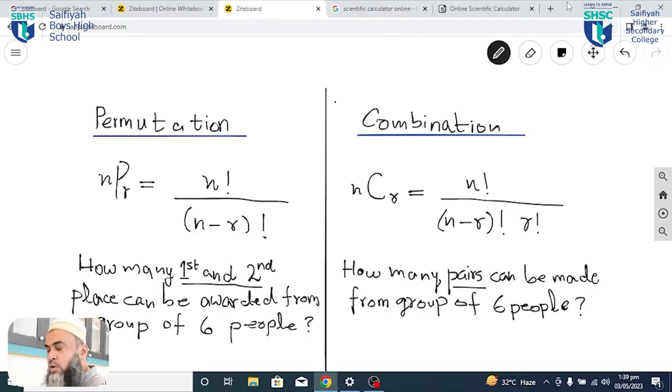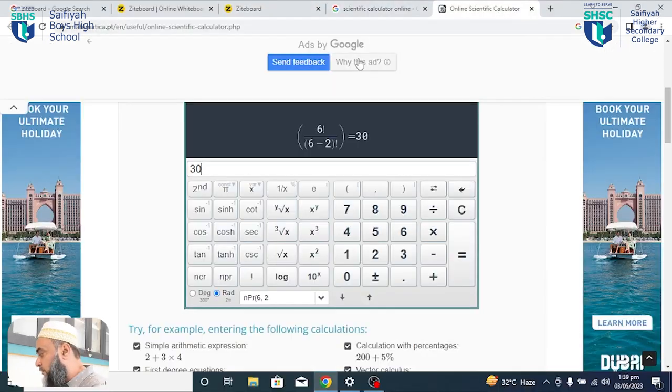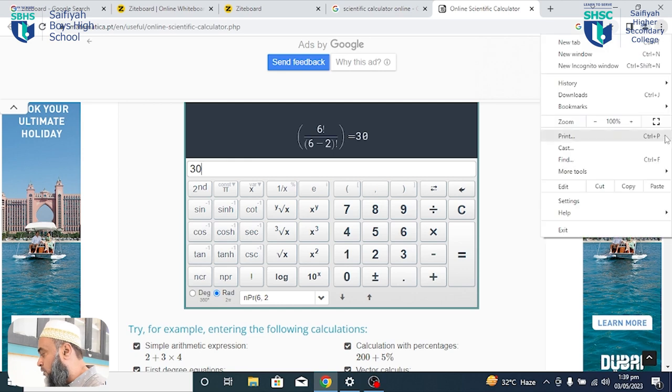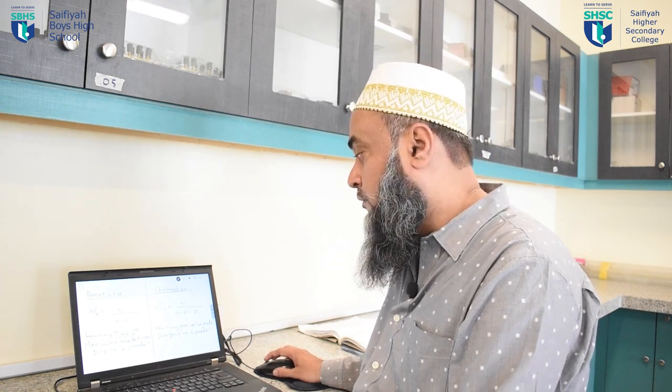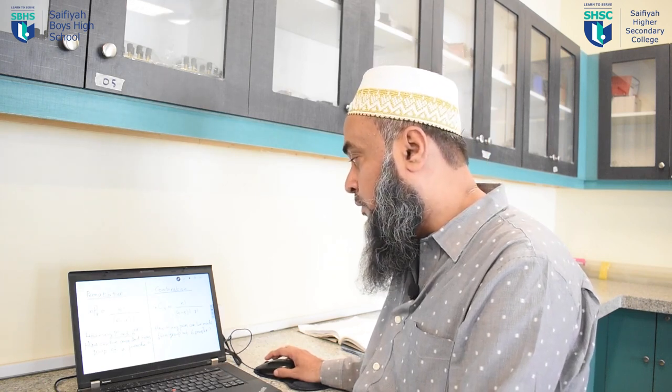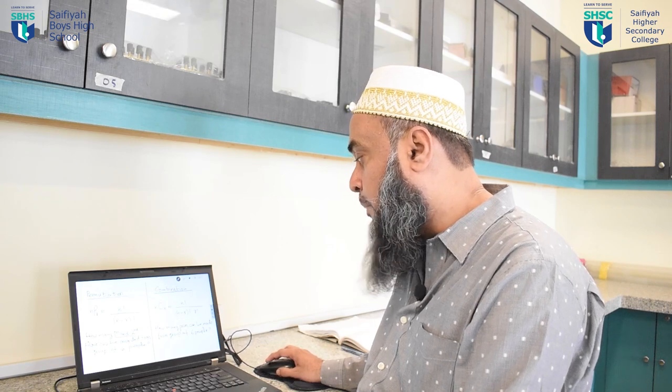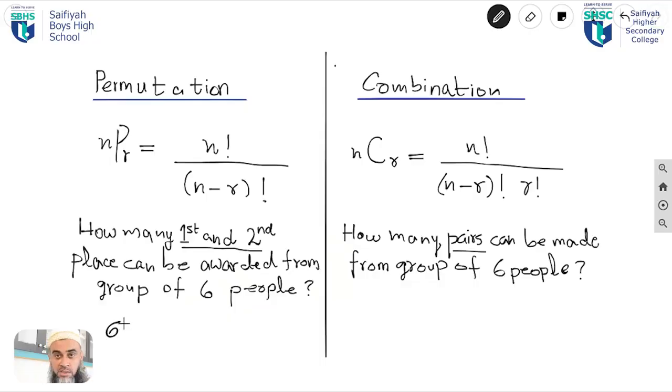The problem related to permutation is how many first and second places can be awarded from a group of six people. Here, as you can see, the first and second place is a particular position, and here the order is very important. While let's look at the problem related to combination. How many pairs can be made from a group of 6 people?